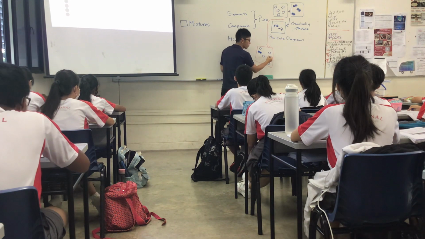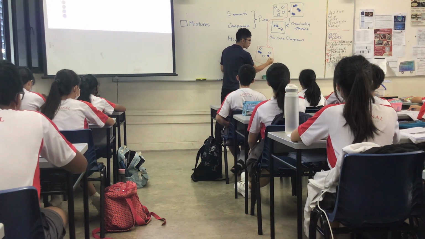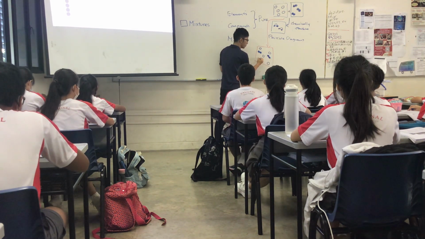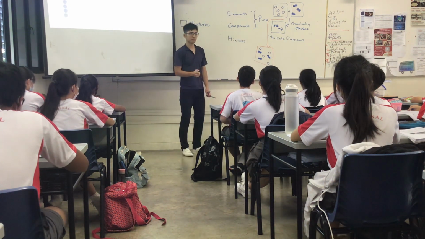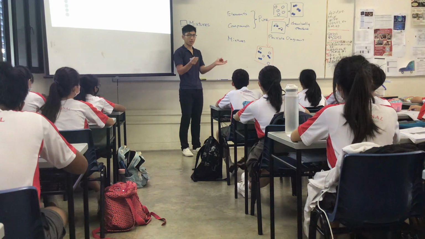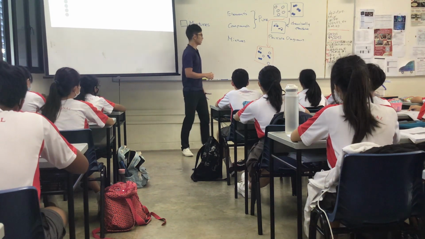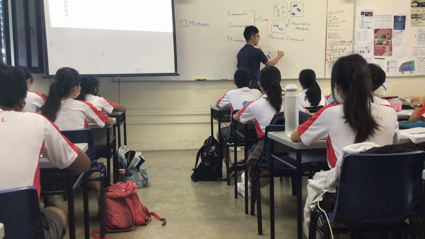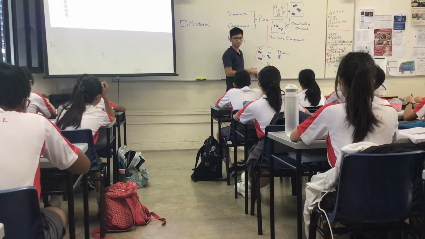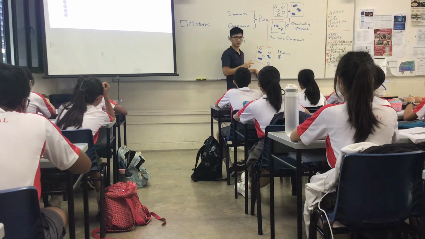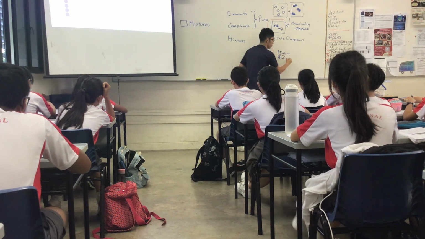As I'm drawing, I'd like you to think. This is a mixture of, what would you say? Let's say they do not chemically combine with each other. How will we refer to this? Mixture of two elements. Yeah? Mixture of two elements.